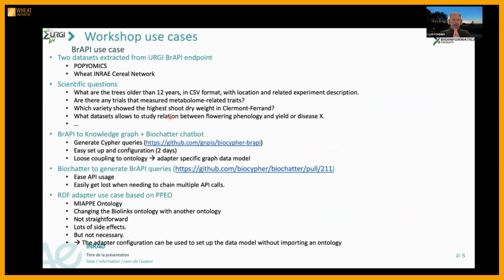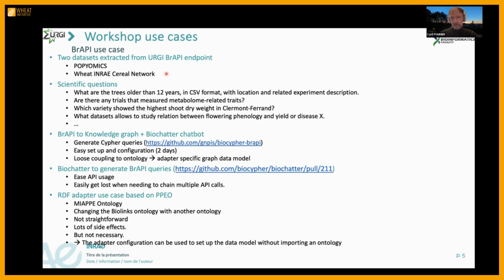So there are several workshop use cases. The first one, on wrapping, we worked with two data sets extracted from the breeding API endpoint from URGI.